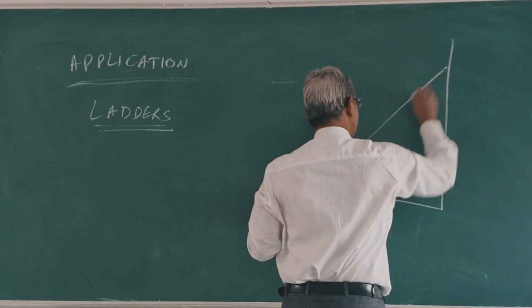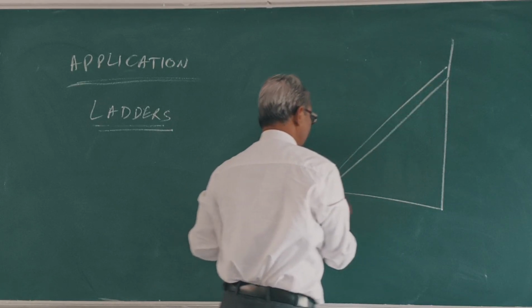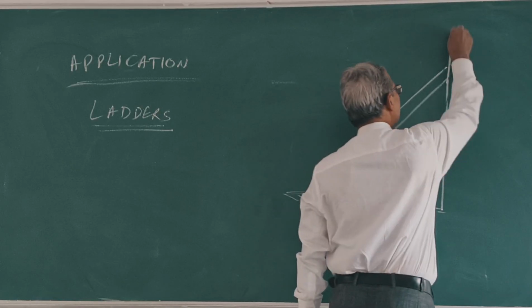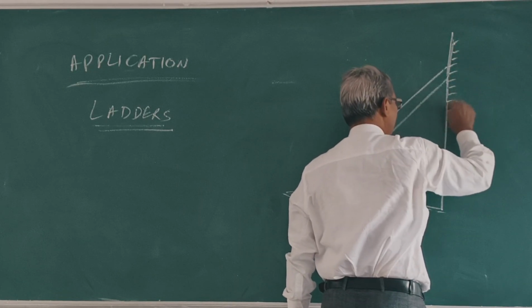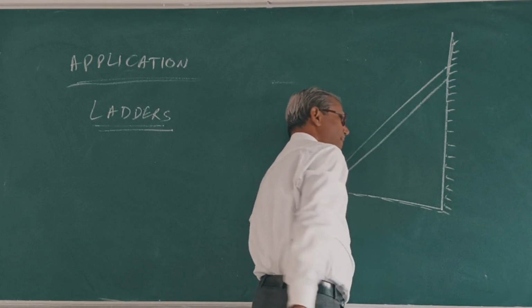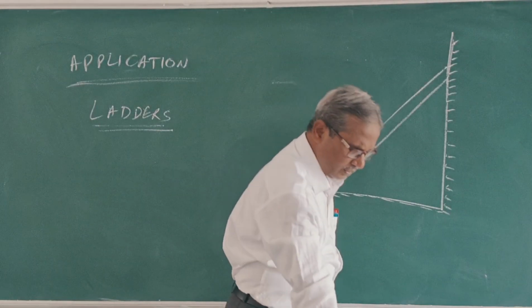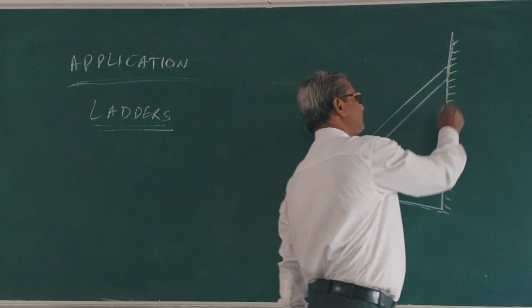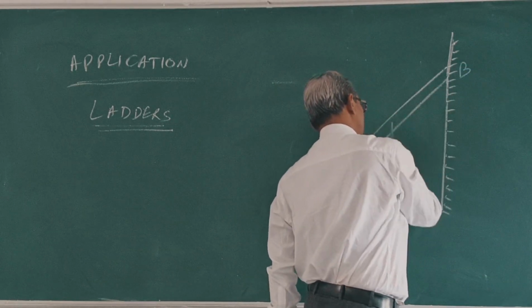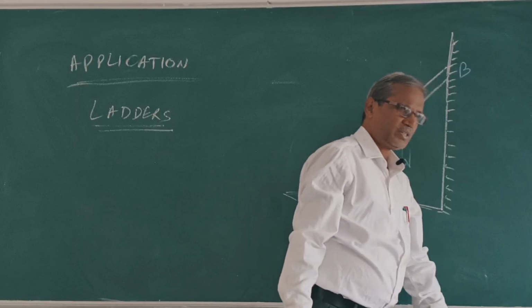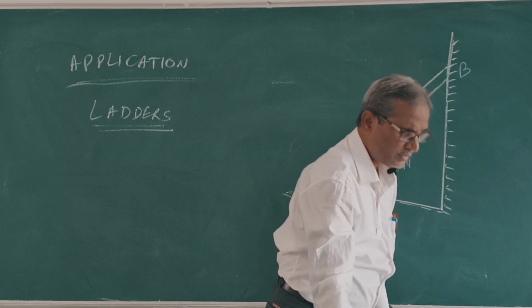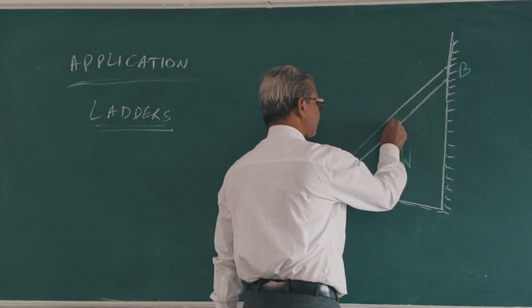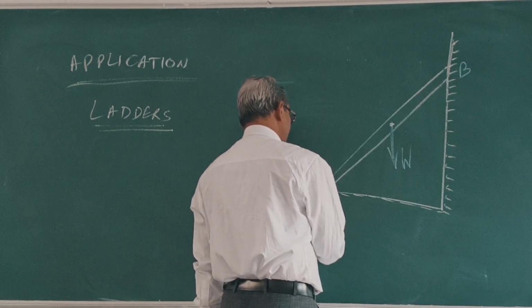This ladder AB has weight W. Clear? At A, the reactions are RA.